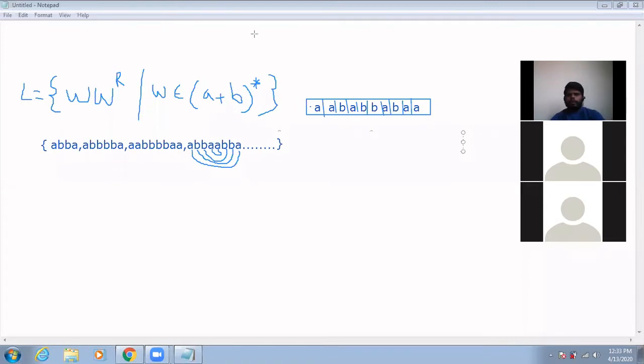Now what I need to do is, here the first A and the last A are the same, and here the next A, and here B, B, A and B, B. So this is a simple logic. Observe carefully my logic, what I'm going to do. With this logic, we are going to construct the Turing machine. Turing machine construction is very easy. You only need to understand the problem and develop the logic. So what is the logic I am going to develop here?